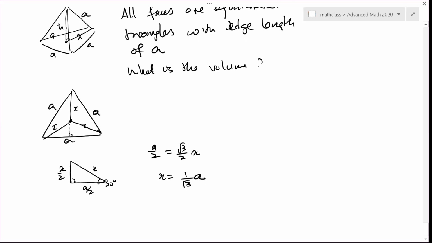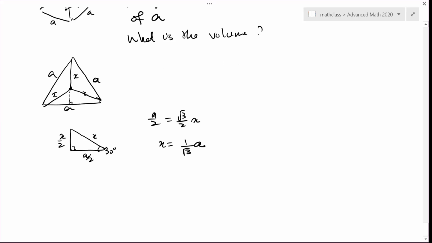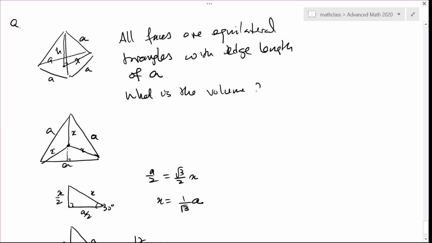You find x, then you apply the above formula, h squared plus x squared. You look at this triangle, right? Here's x, here's h, here's a. This is the triangle we're talking about, the yellow one. It's colored.